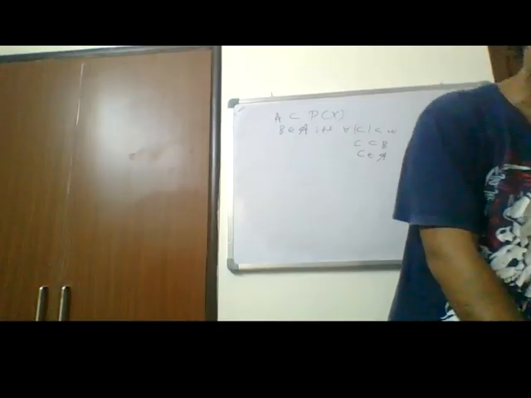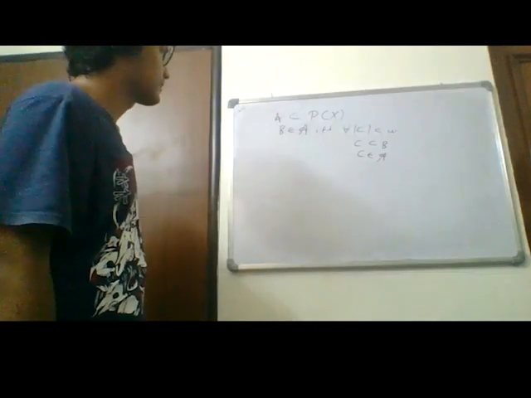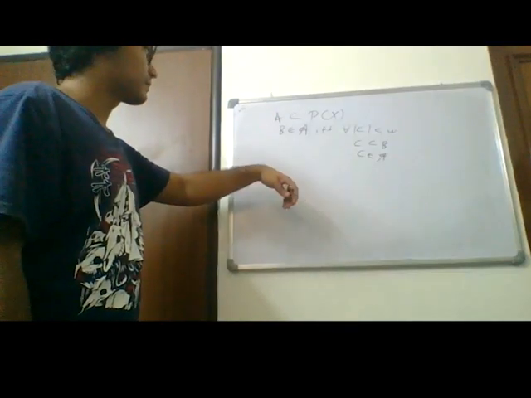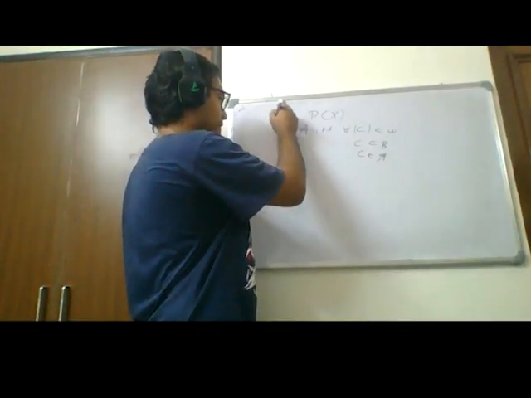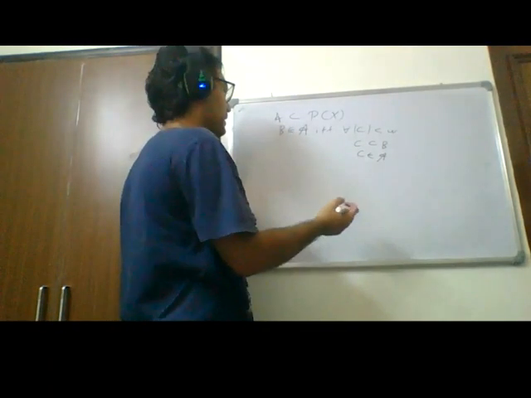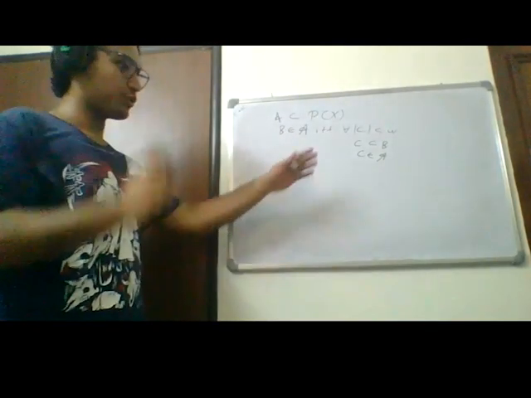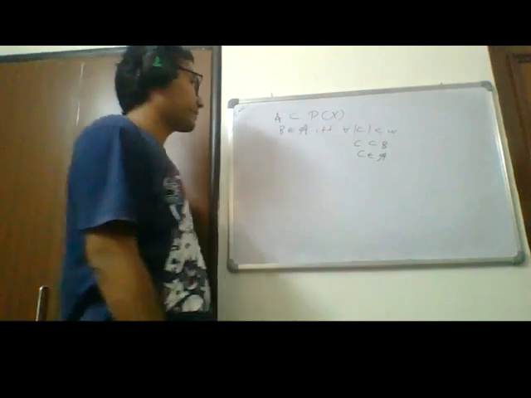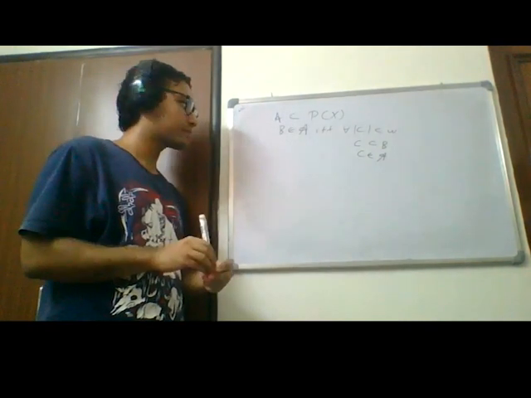So that's what it means to be of finite type, and we have to show that such a collection would have a set that is not properly contained in any other set. Okay, so we just have to show that the union is there, right? So how do we show that?